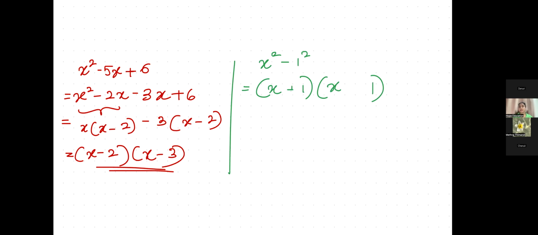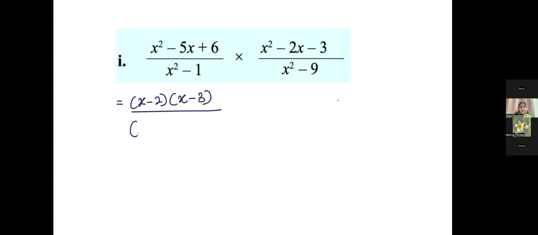That's how you factorize that, right? X plus 1, x minus 1. Multiplied by, up to that point, is the factorization clear?